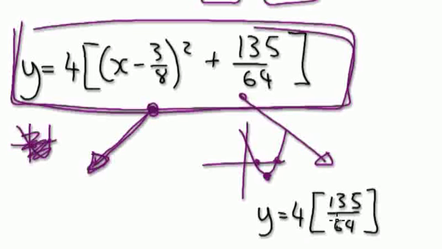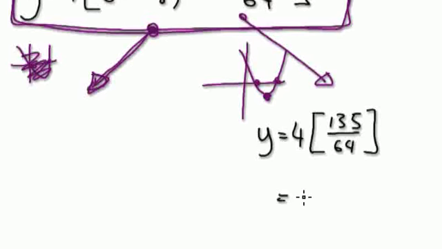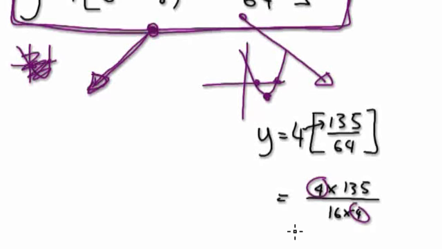Well, I know that 64 is 16 times 4. We worked it out earlier. When you times this, it gets multiplied to the top. So that's just like me saying 4 times this here, and then these two 4s would kill off each other. So in effect, it becomes 135 over 16.